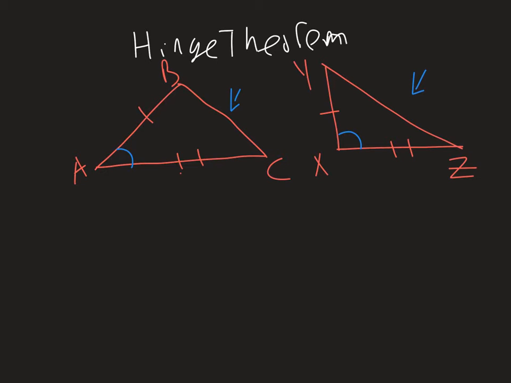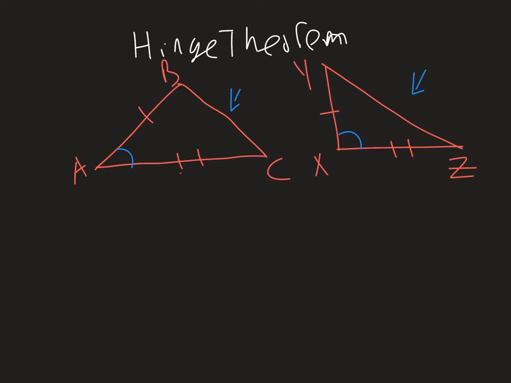So the idea is very simple. If angle A is less than angle X, well then BC, the opposite side, has to be less than YZ. And it actually turns out it's an if and only if statement as well. If I know BC is greater, then angle A must be greater.